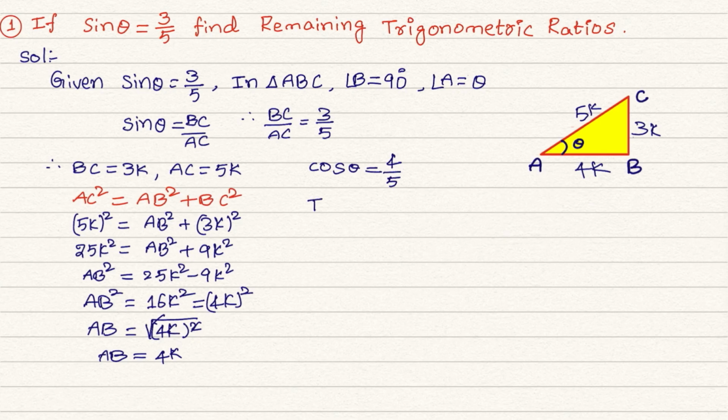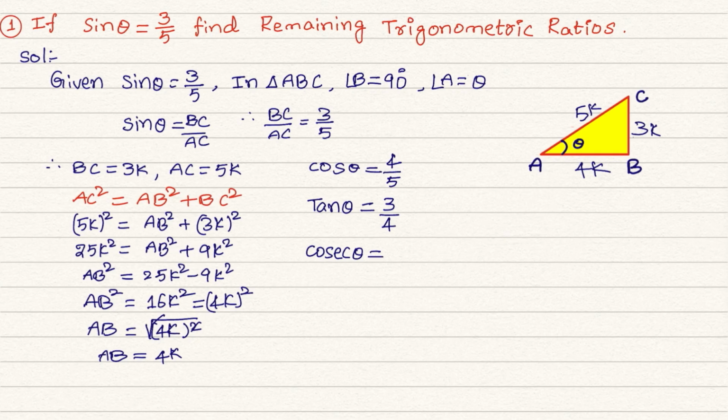Then tan theta is equal to opposite side to theta by adjacent side to theta, that is BC by AB, 3K by 4K. After cancellation we get 3 by 4. Cosec theta is the reciprocal of sin theta.